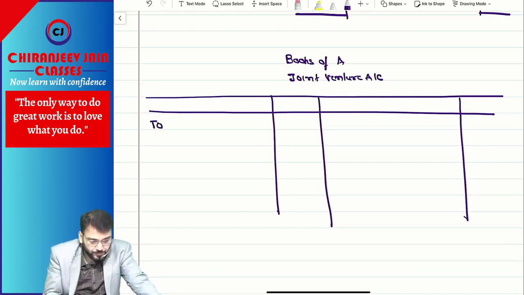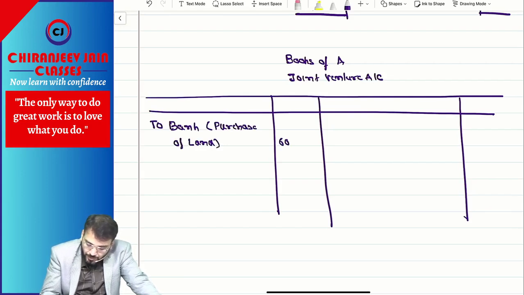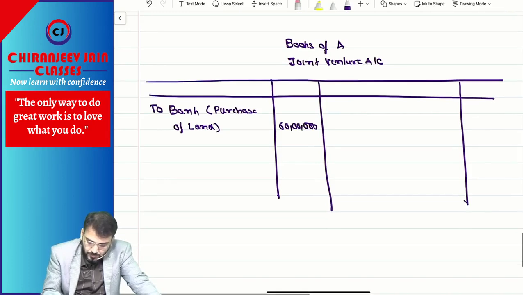First what? To bank, this is purchase of land. How much? Then what? Loan received.